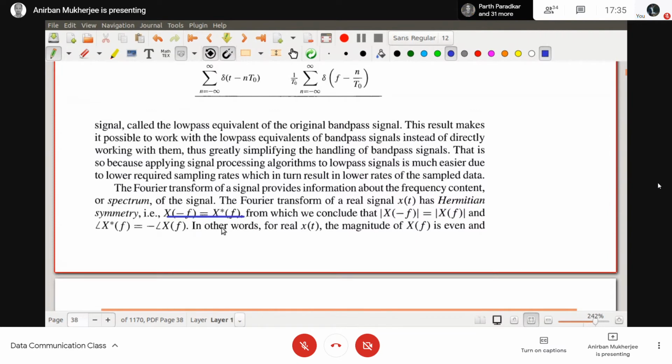X(-f) equals X star(f) if it is a real signal. From this we can conclude that mod of X(-f) equals mod of X(f), and the angle of X star(f) is minus the angle of X(f).